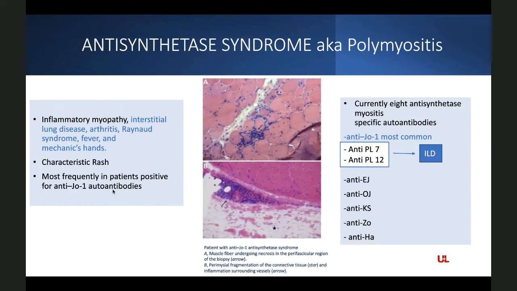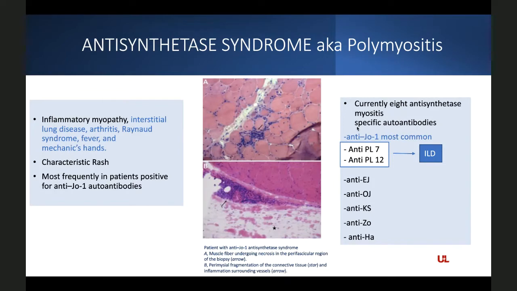The most common antibody in this antisynthetase syndrome is anti-Jo1 antibody. That is the most common, but as you can see, I have marked over here, anti-PL7 and PL12, these two antibodies are associated with the highest risk of ILD, that is interstitial lung disease. So far, we have 8 antibodies for antisynthetase.